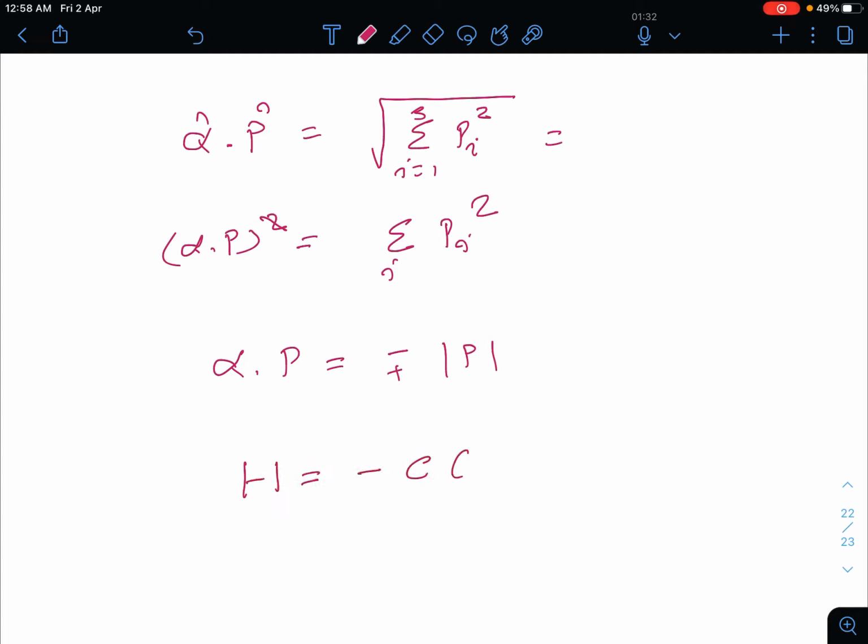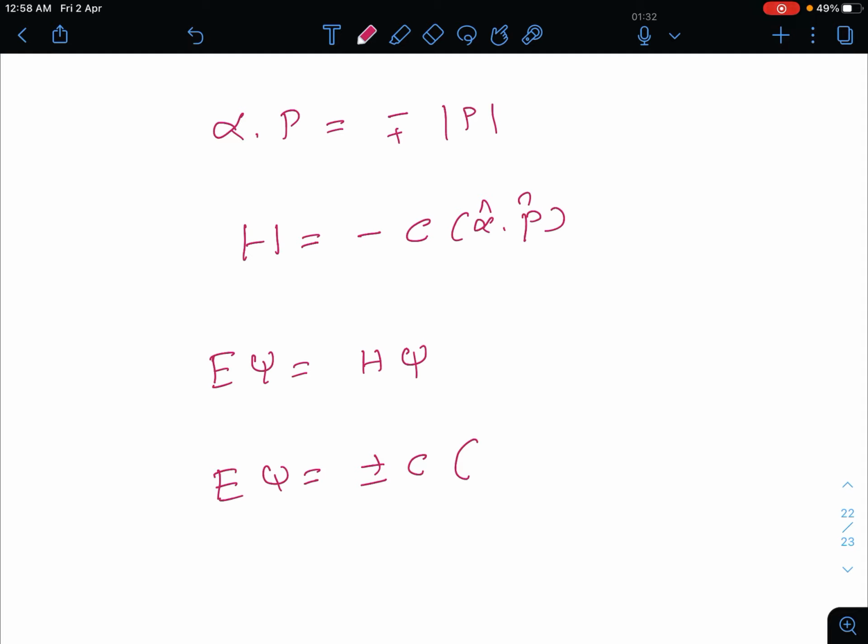So when I write E psi equal to H psi, that is the Schrödinger equation, then I can write E psi equal to plus or minus c alpha dot p psi.